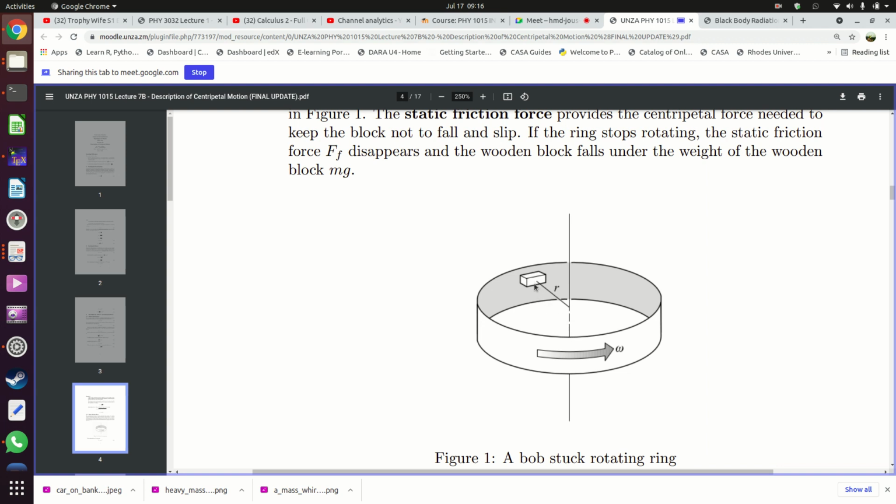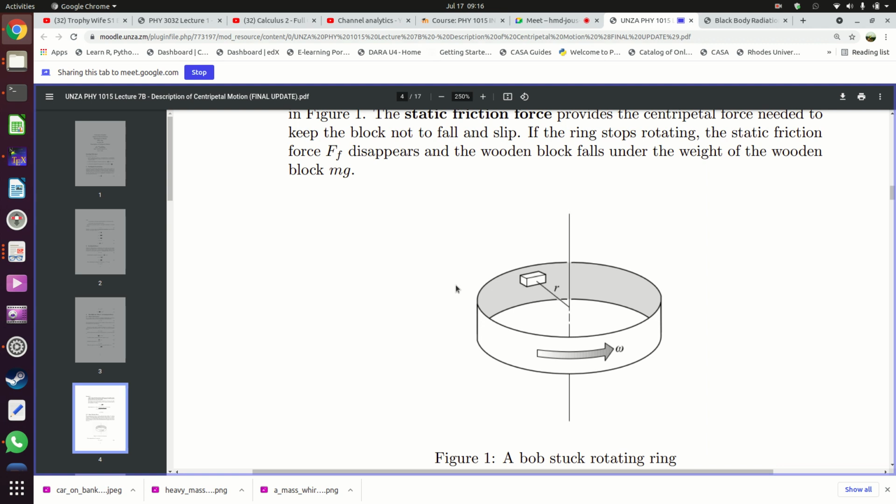Because the ring is rotating so fast, the cube is prevented from slipping down, so it doesn't fall. It stays inside the ring. It's not glued, it's just there, but it stays because the ring is rotating at a certain particular speed, which is omega.